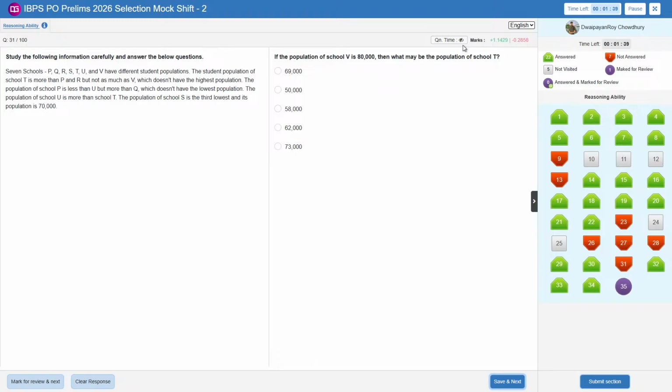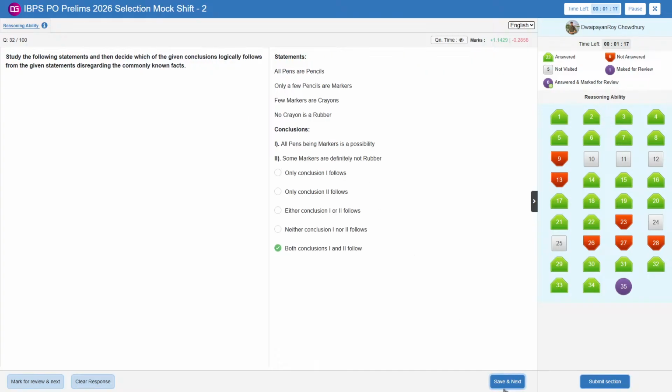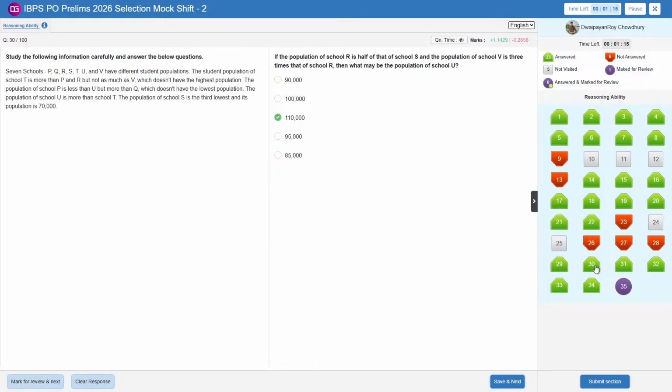Oh, not good. This is the third lowest. Third lowest, it said, right. So between 80 and 70 only. But those previous questions are not correct. Right. S is the third lowest.